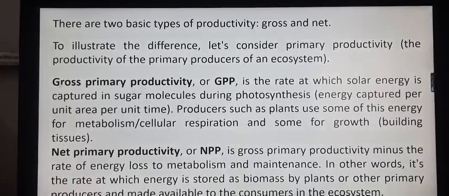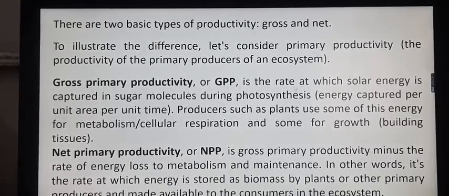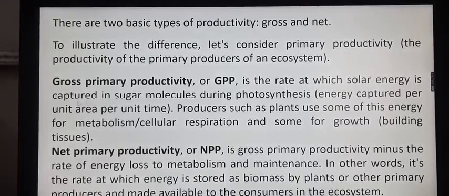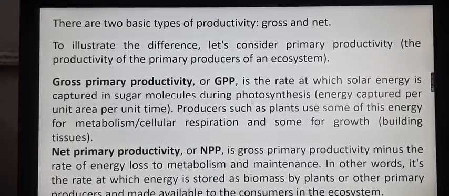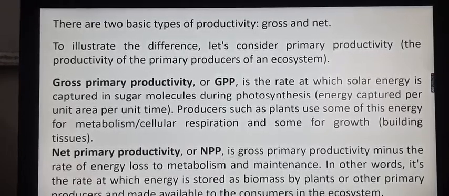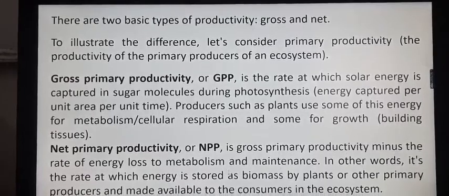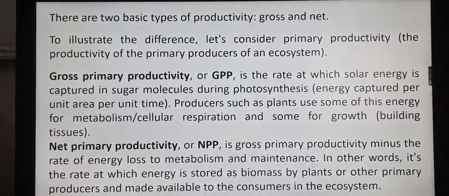So gross primary productivity is the rate at which solar energy is captured in sugar molecules during photosynthesis. Then what is net primary productivity? It is the gross primary productivity minus the rate of energy loss to metabolism and maintenance.